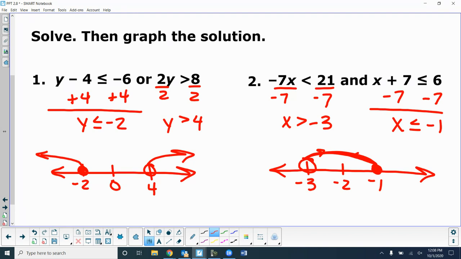For this to be true, it's the numbers that work for both. Any of the numbers that I would pick in this area work in both of those. When it's an or, it can work in one or the other to be true. Okay? Any other questions? Is that helping some maybe questions you had? Okay.